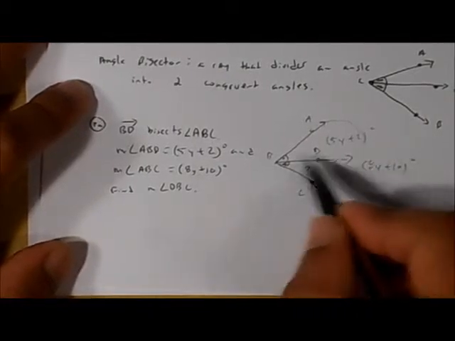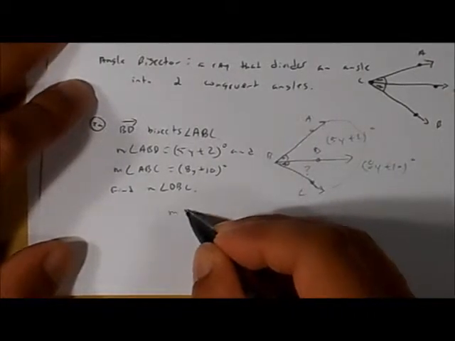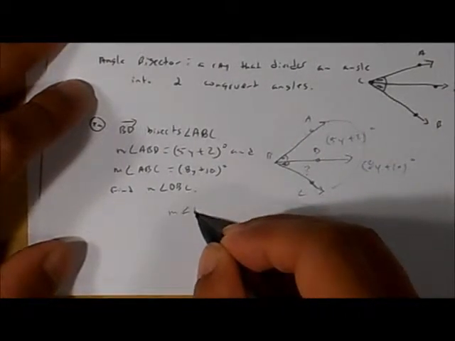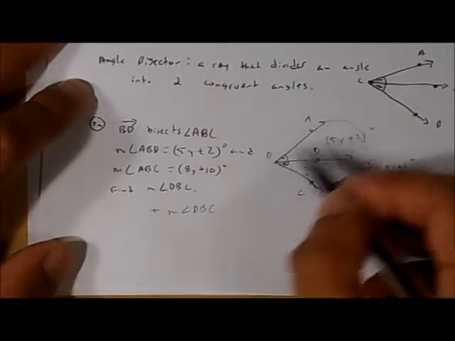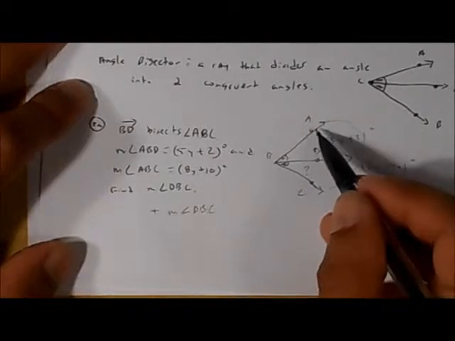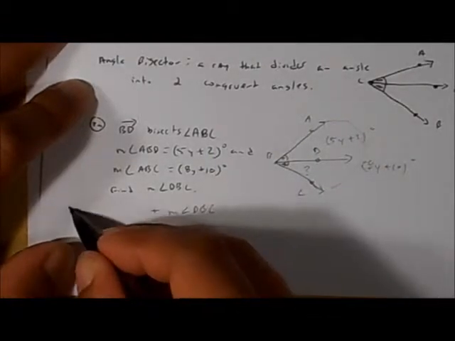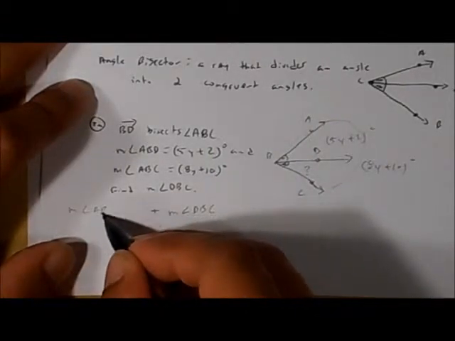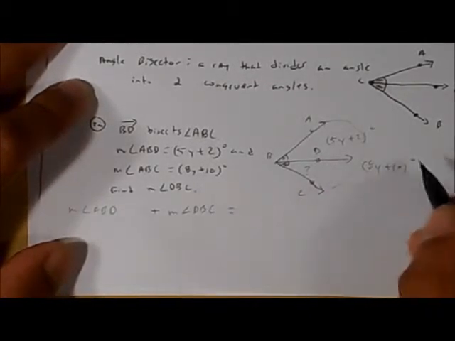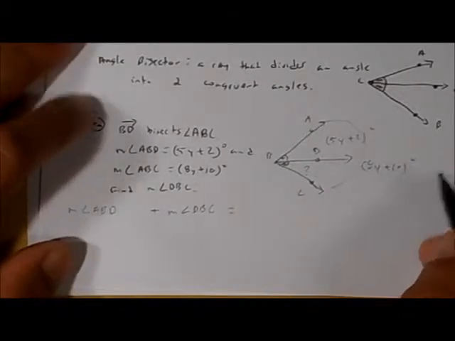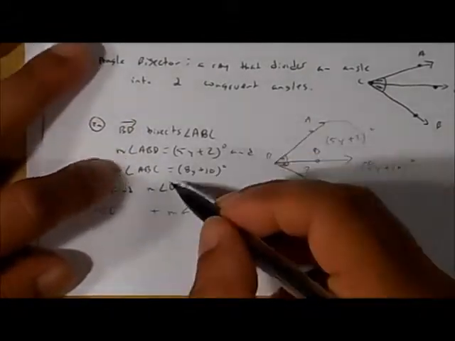So measure of angle DBC. And so what other part makes up the whole entire angle? ABD. So the measure of angle ABD plus measure of angle DBC is equal to however long the whole entire angle is.